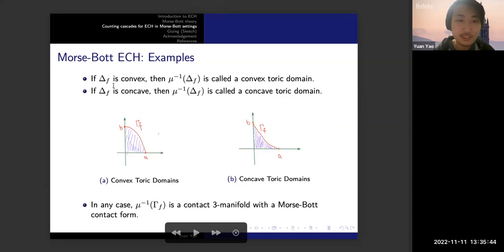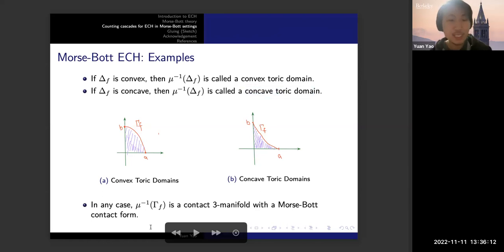So your function looks like this. The red is the graph of the function, and the purple is delta f. Up to some technicalities, which I won't describe in detail, if delta f is convex, then the pre-image of delta f under this moment map is called a convex toric domain. And if delta f is concave, then the pre-image of delta f under the moment map is a concave toric domain.